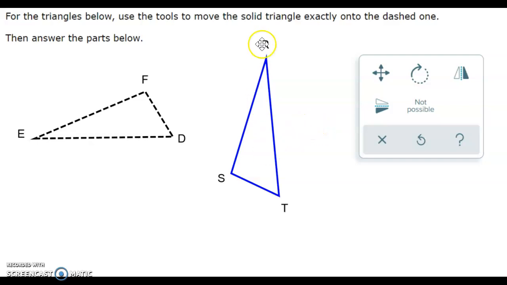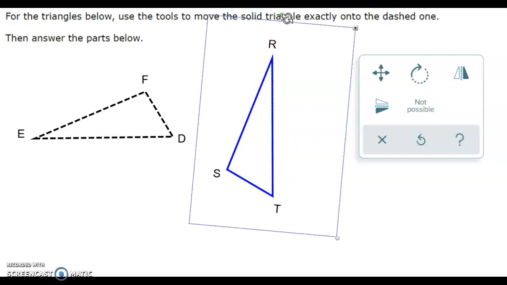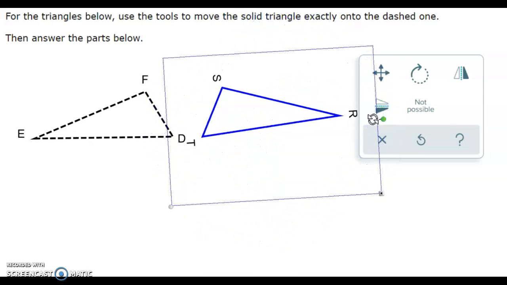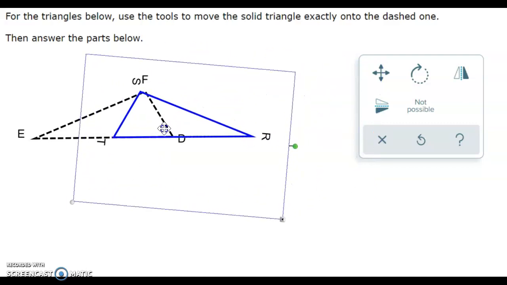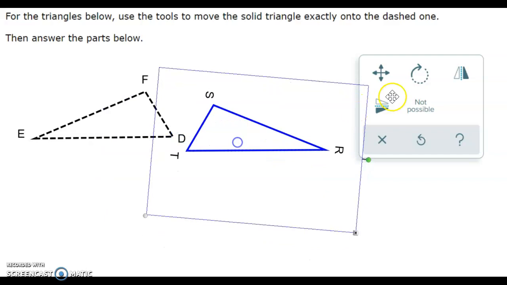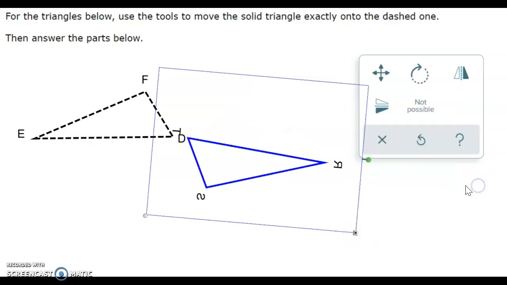So in order for me, I'm not using that since I'm on my own document here, but I'm going to spin this one around so that it's kind of laying the same way. And then if we notice, I'm going to have to flip that. So you would flip it left to right, which would be the top right tool in your toolbox. I will just go ahead and do this. So flip left to right.